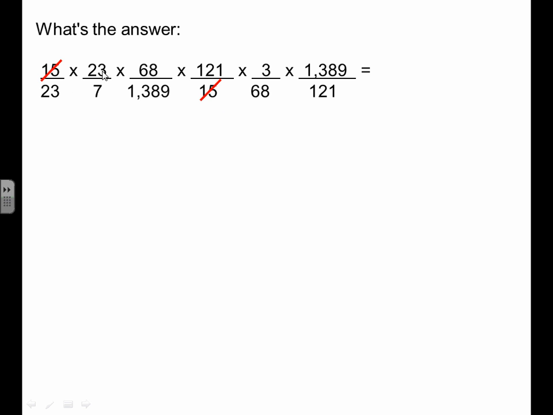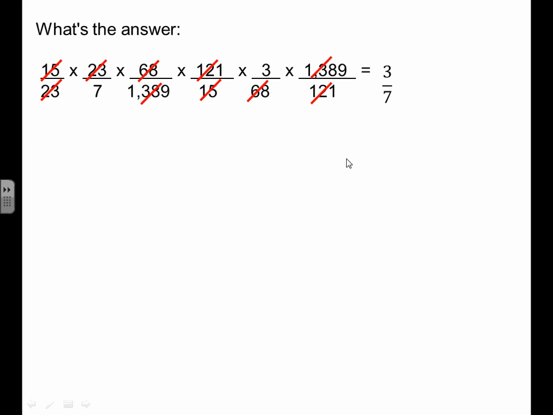I have 23 on top, 23 on bottom, they can cancel out. I have a 68 and a 68. I have 121 and 121. I have a 1389 and a 1389. Who knew that after all of this, we'd have a nice simple answer of 3 over 7.